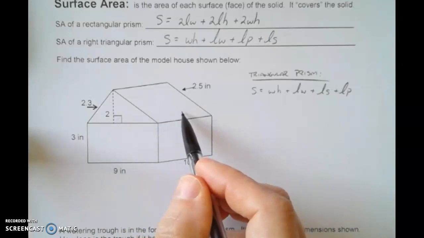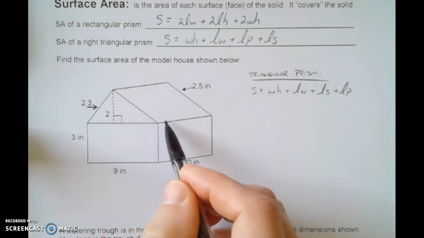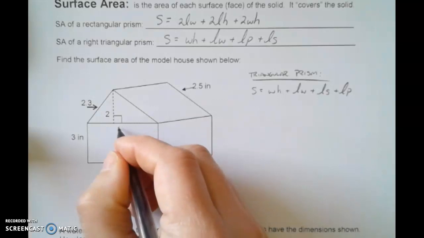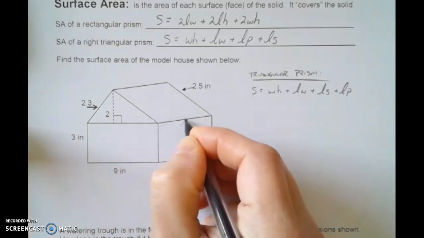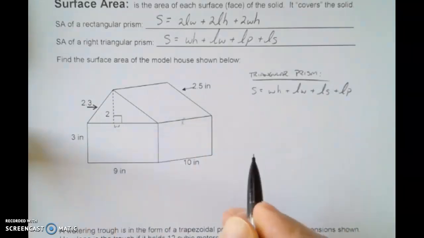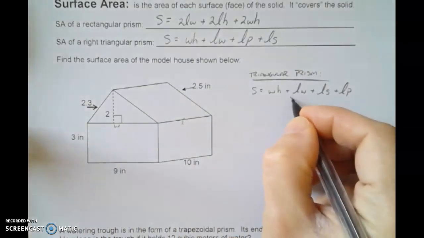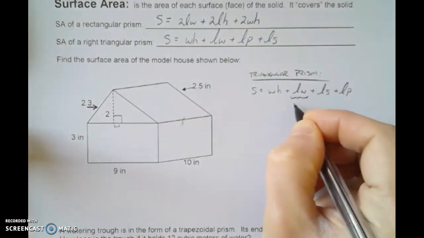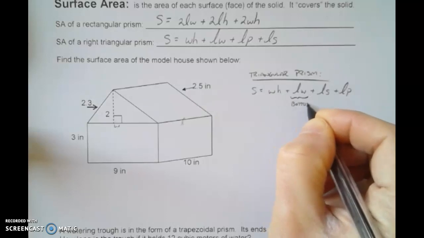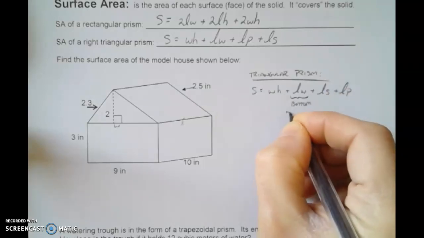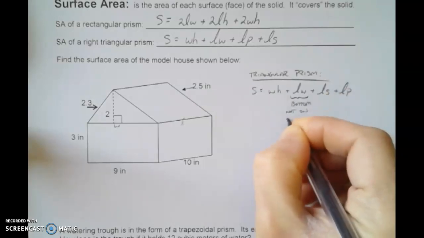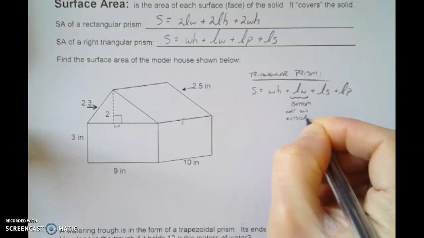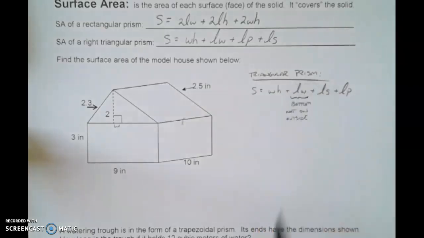The bottom portion is a rectangle that uses the length and the width. So this piece right here is the bottom, and this is not on the outside. So we're going to ignore this part of the formula when we fill in our values.